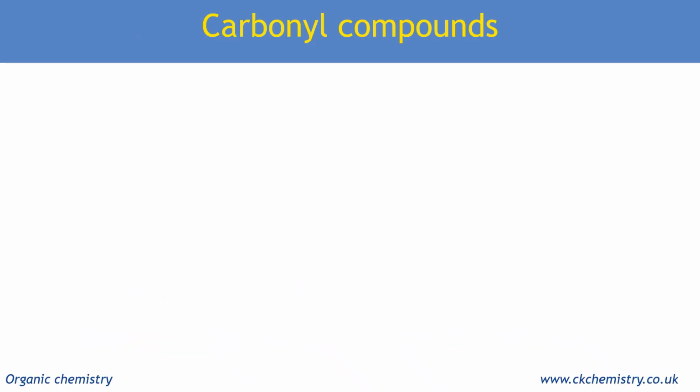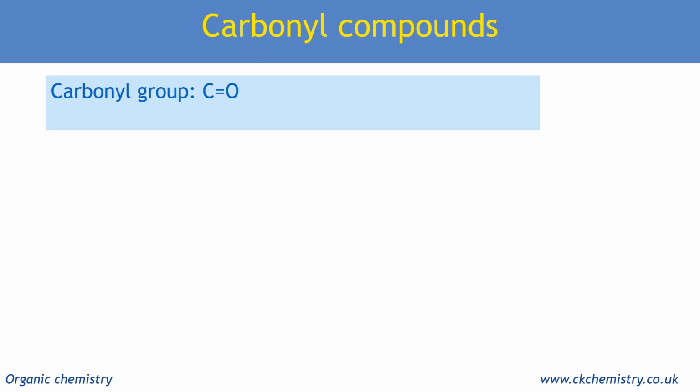We have to actually explain what we mean by a carbonyl compound. The word carbonyl gets used a lot, but sometimes in slightly different ways, so you need to be careful as to whether you're just talking about a carbonyl group. There are lots of compounds that contain a C=O, including esters, carboxylic acids, acyl chlorides and amides.